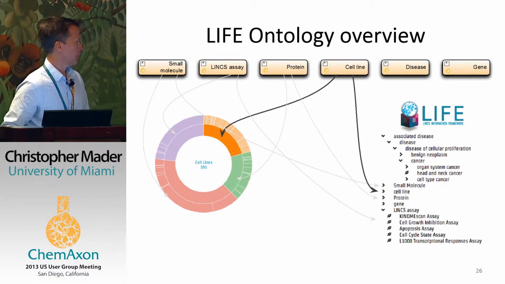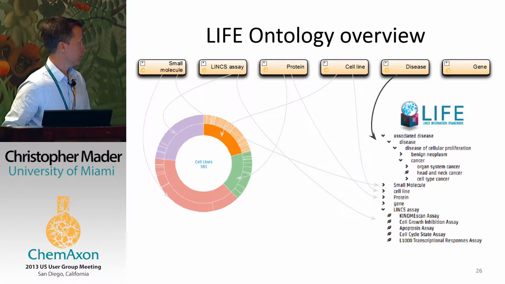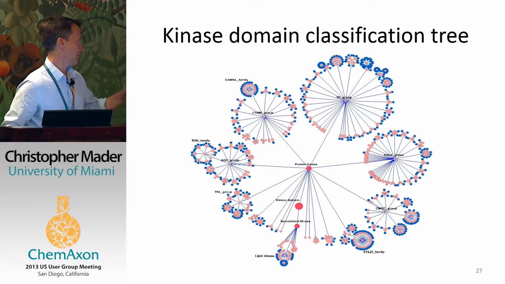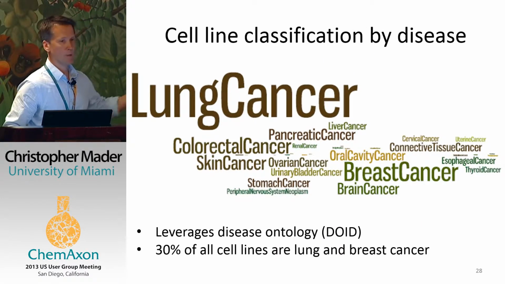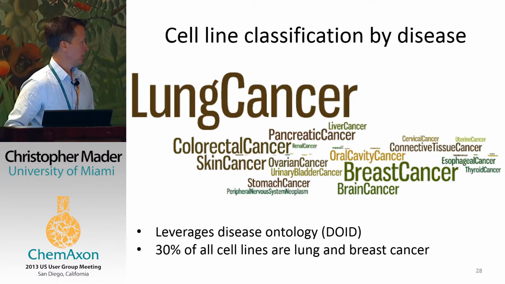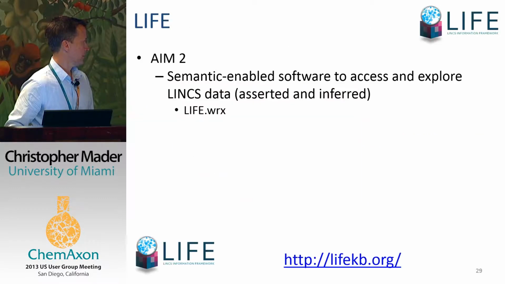And then we describe cell lines, diseases, genes, and include things like kinase domain classification, so you can query by group and family and things like that to find information. These are examples of things that are included in the ontology, and then there are references to the disease ontology, so you can query by disease and find things.